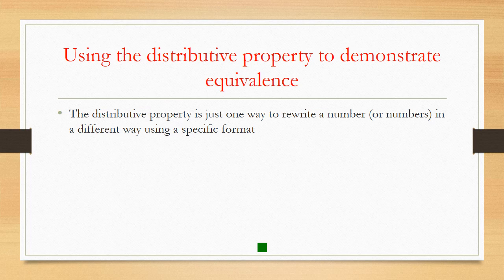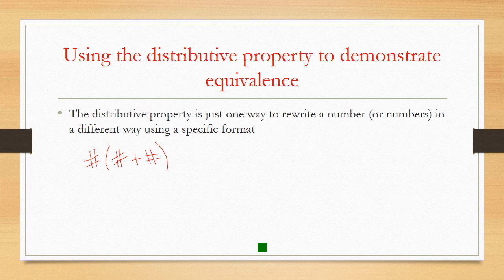And that specific format, which you may have found when you defined the phrase distributive property, is a number times the sum of two other numbers. So that is what the distributive property is.